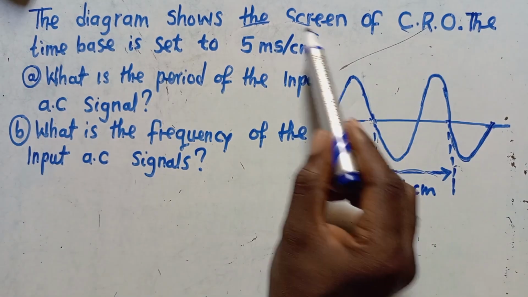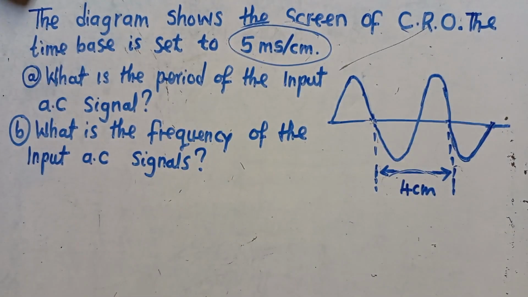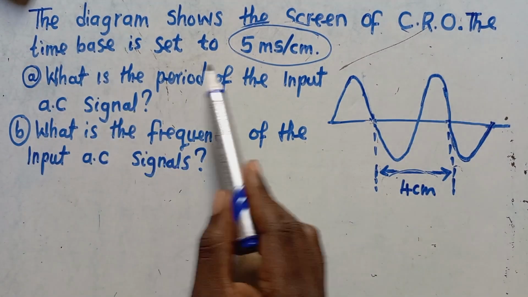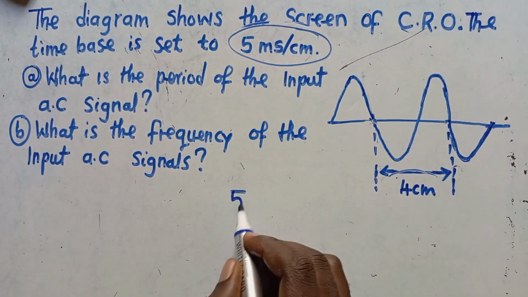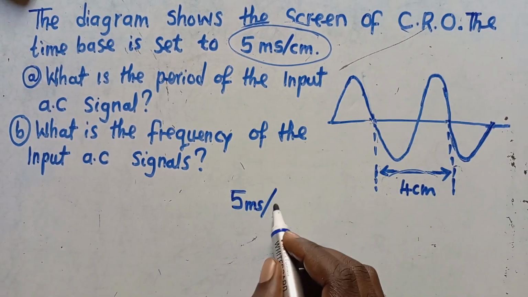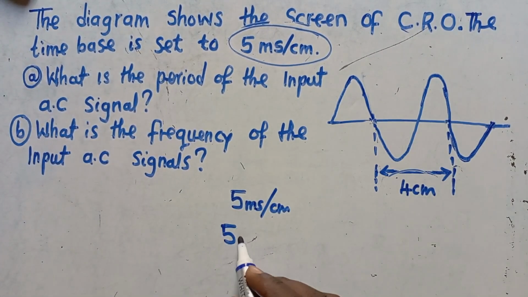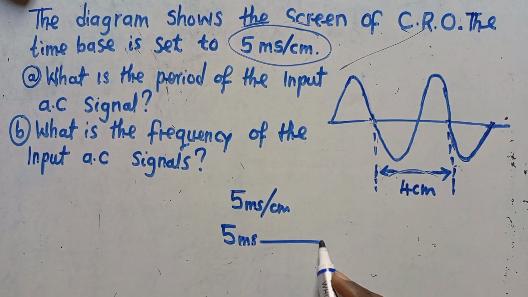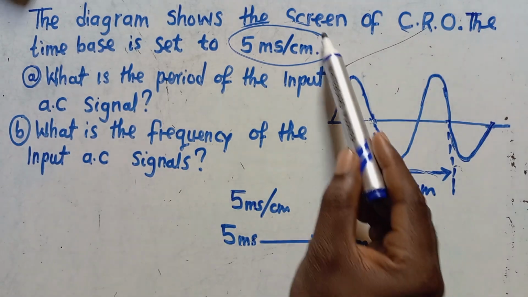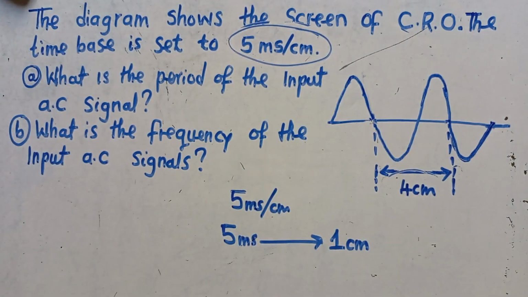So now for us to interpret this, if you are given a time base of 5 milliseconds per centimeter, it means that 5 milliseconds is equivalent to 1 centimeter. This is the first thing you are supposed to know and understand. So it is to interpret that.